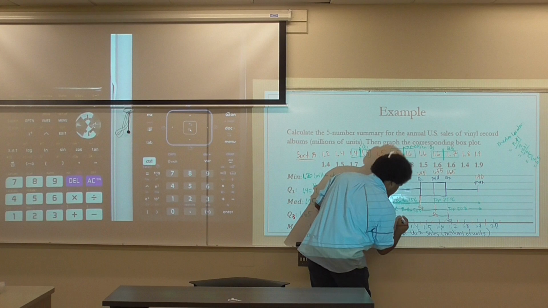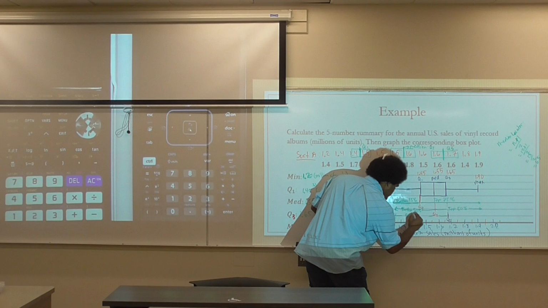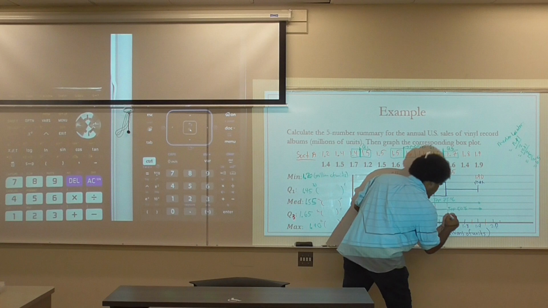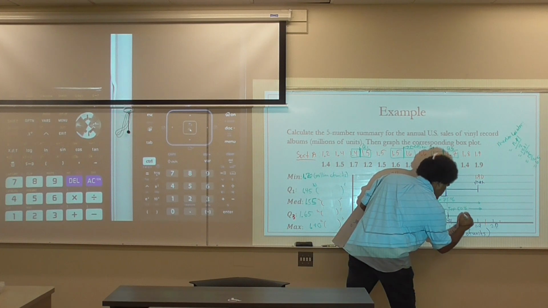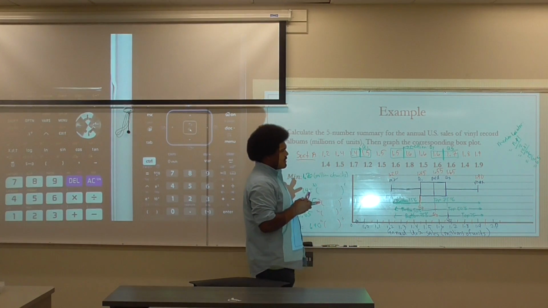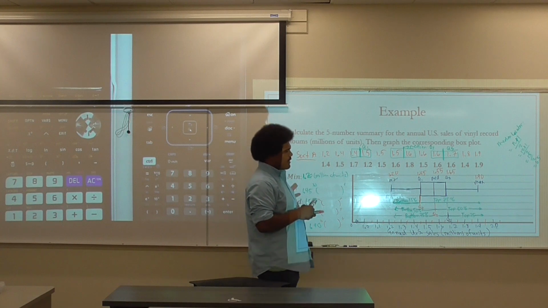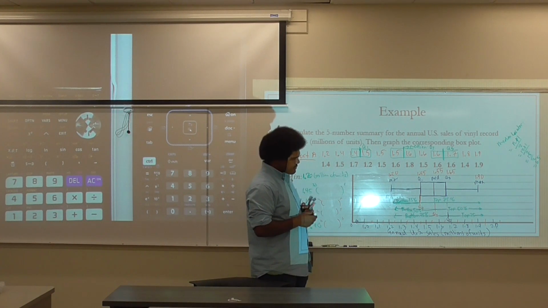So what we're seeing here is that it's separating the bottom 75% from the top 25%. That's what's happening there. Maybe I should have done it in the same color, so it won't be too different. But that's what's happening there.